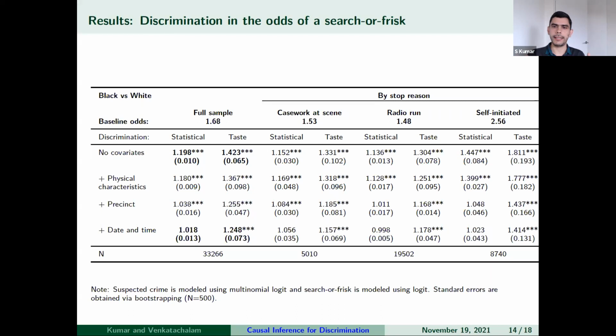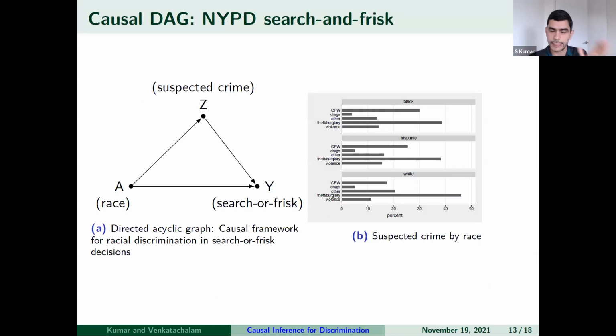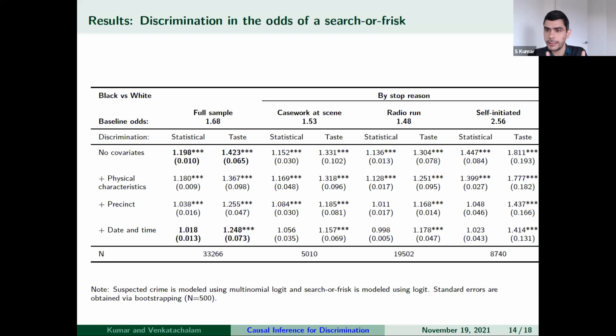Then progressively, we add more and more balancing covariates, by which I mean covariates to identify those different relationships between race and suspected crime. We would like to control for precinct, definitely, or for physical characteristics or the date and time. And likewise for the causal relation between suspected crime and the search or frisk outcome, and between race and the search or frisk outcome. So to identify all three causal relationships, we are progressively adding these covariates, which are standard and have been used in the literature.